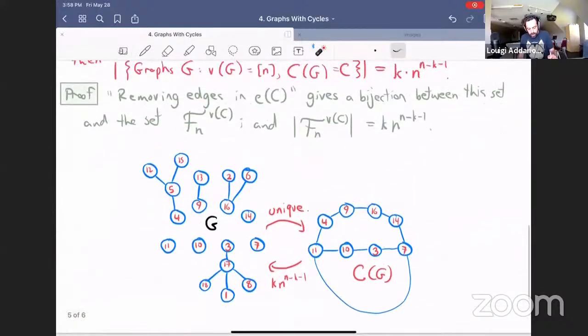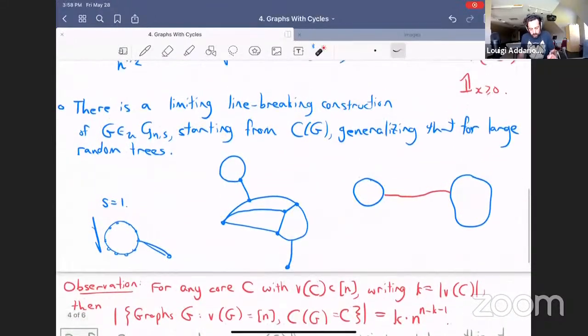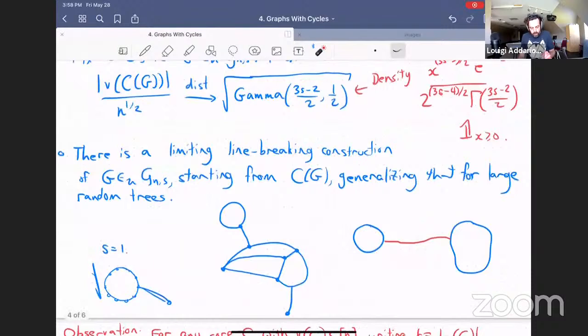Okay, and actually already in my drawing up top, you saw another sort of thing that can happen, which is that you can end up with loops, right?